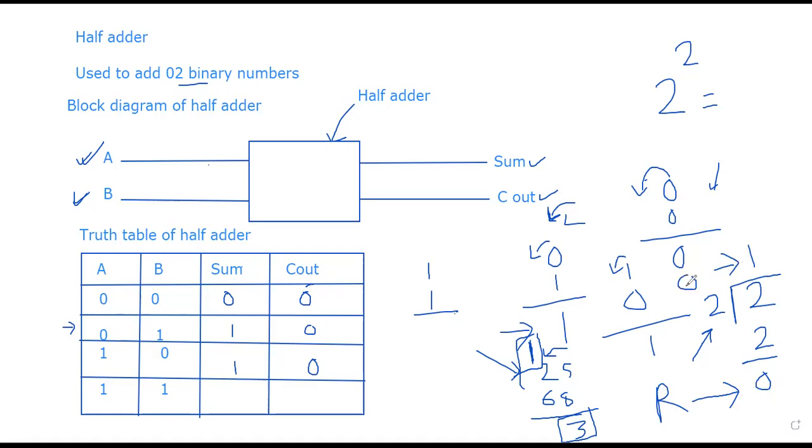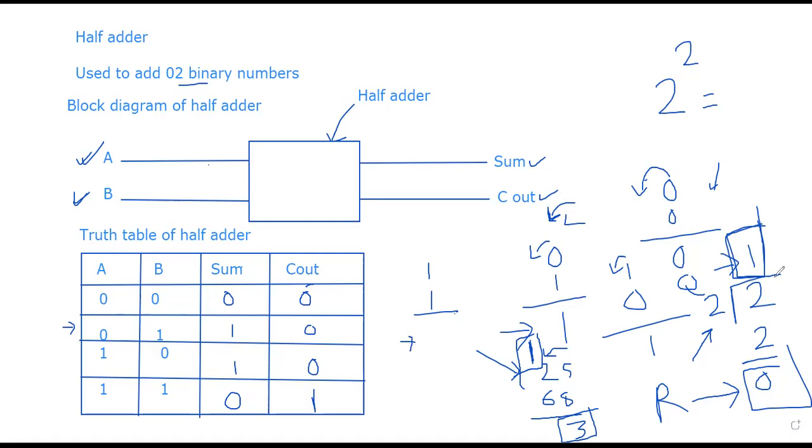The remainder 0 is the sum. So sum is 0, and the quotient is the carry out. That's how we got it. So we divided the 2. Once you add 1 and 1, we get 2, but we know that we can't put 2, right?